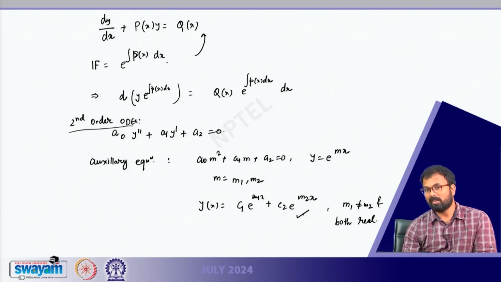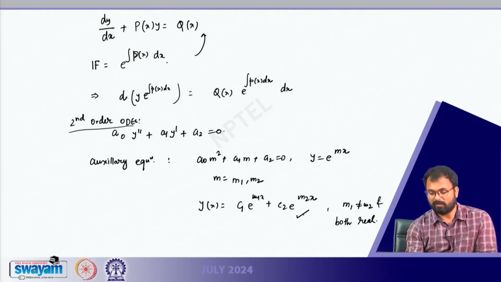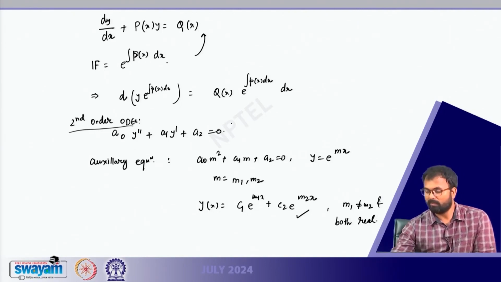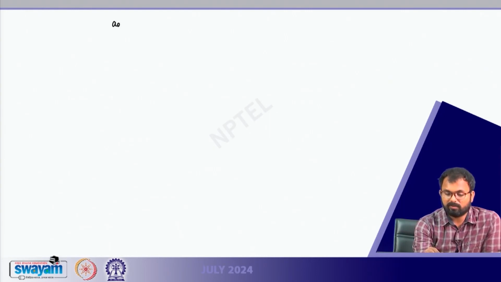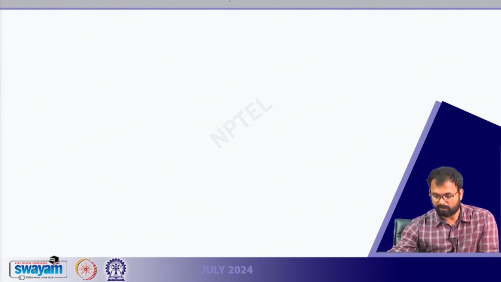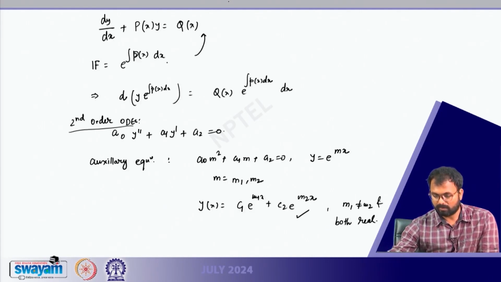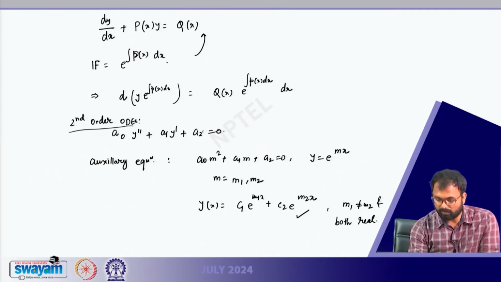But if you have something on the right hand side, then let us say you have a0 y double dash plus a1 y dash plus a2 y. I think I didn't write y in the previous slide. Let me just quickly check. Here it should be y also. Okay.